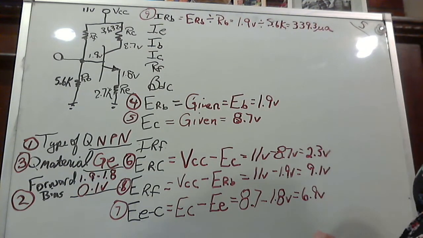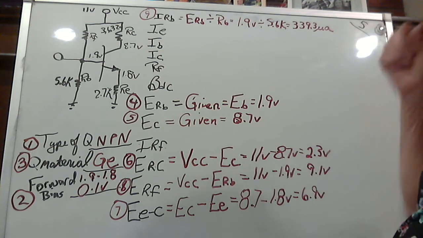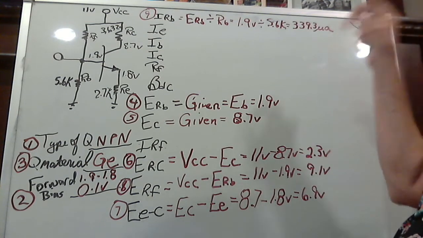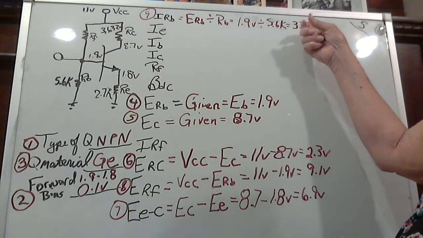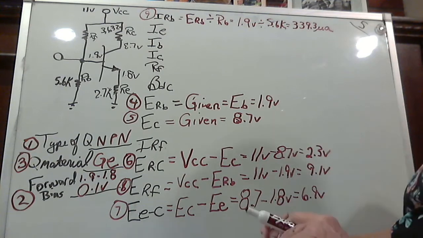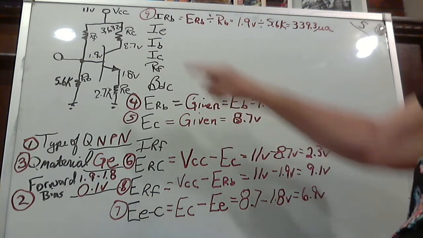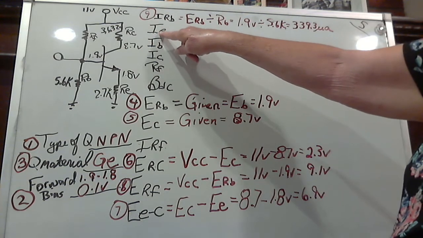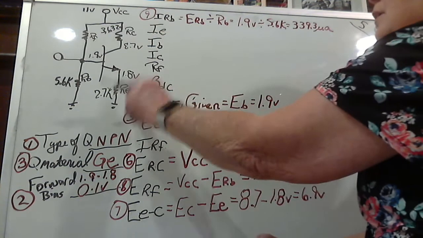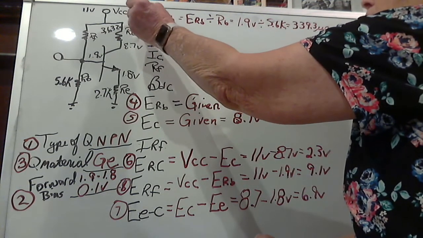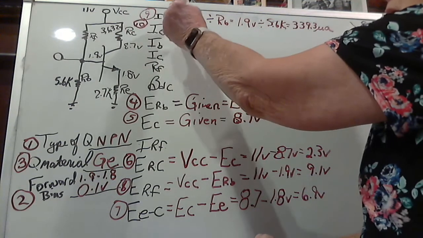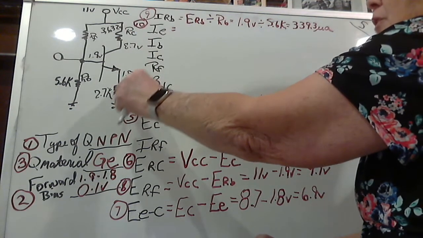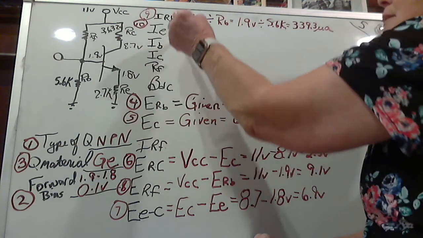Now remember, your ammeter is not going to measure real precisely, so I'm not really too worried if it's 339 and a third or something like that. That's good enough for me. Now, the next one is the current here. So I'm just going to come over here and say 10, because I have the voltage drop and the resistance.